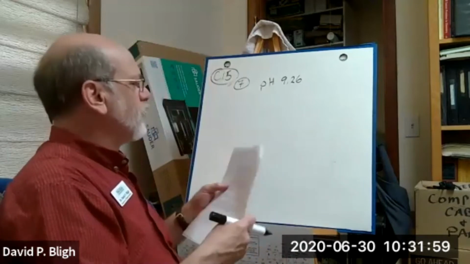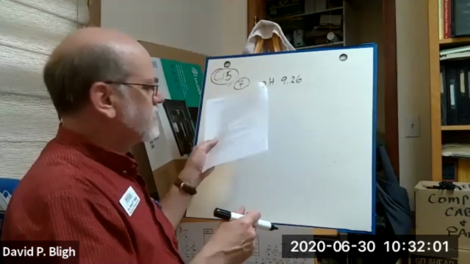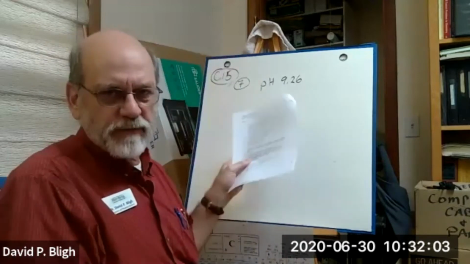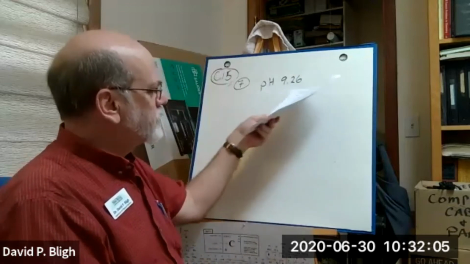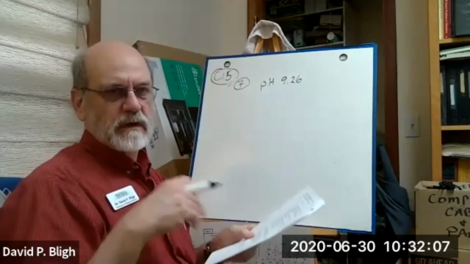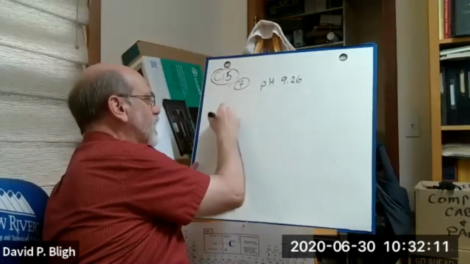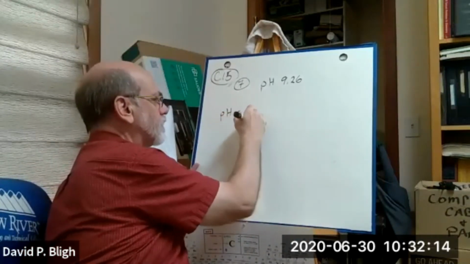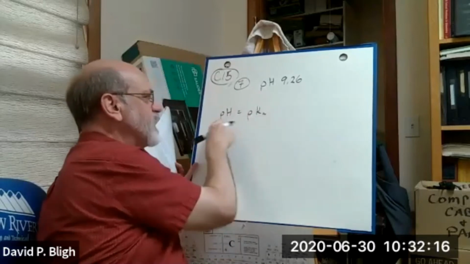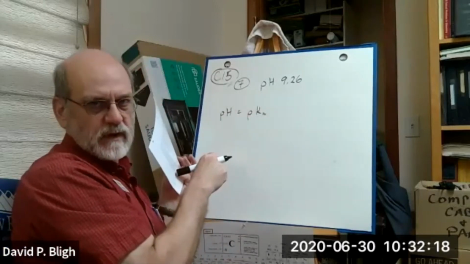Okay, so what do we know about how to choose a buffer? If our target is 9.26, the best place for a buffer is where the pH equals the pKa.